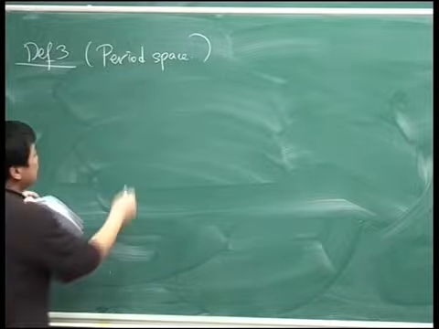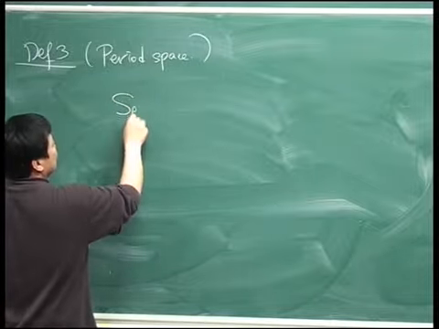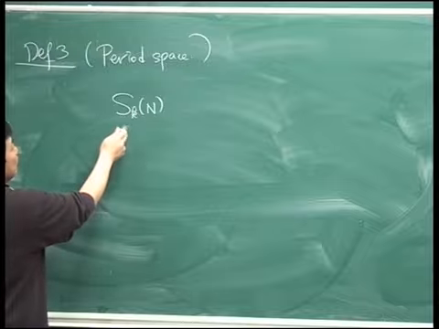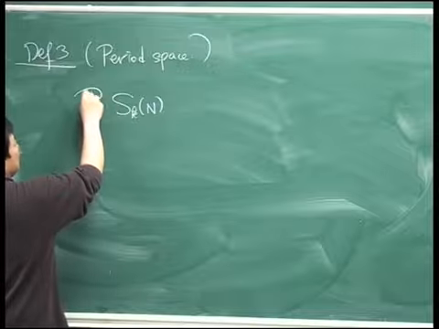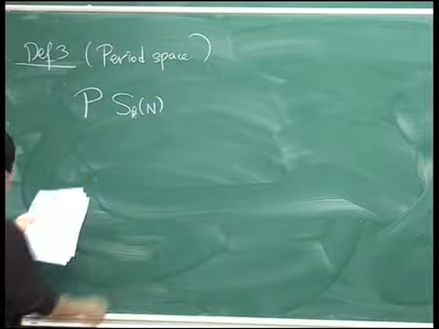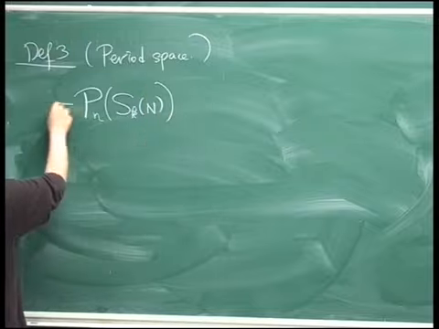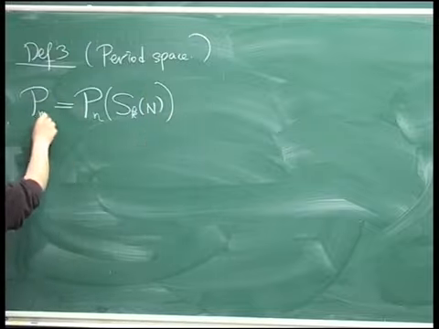For a given weight and level, so for a given space of cusp forms, we define the period space denoted by P_N, simply P_n.